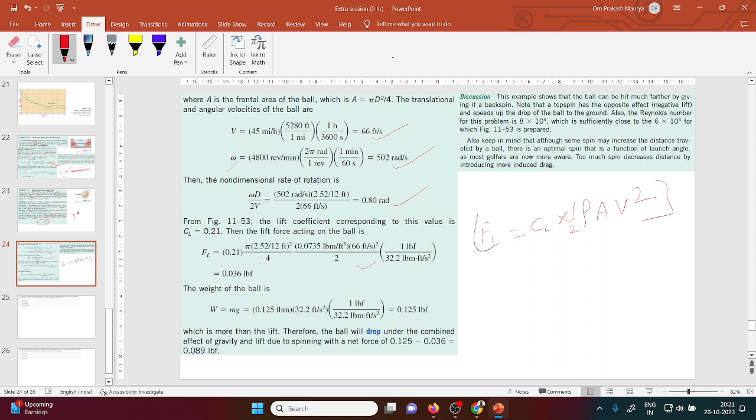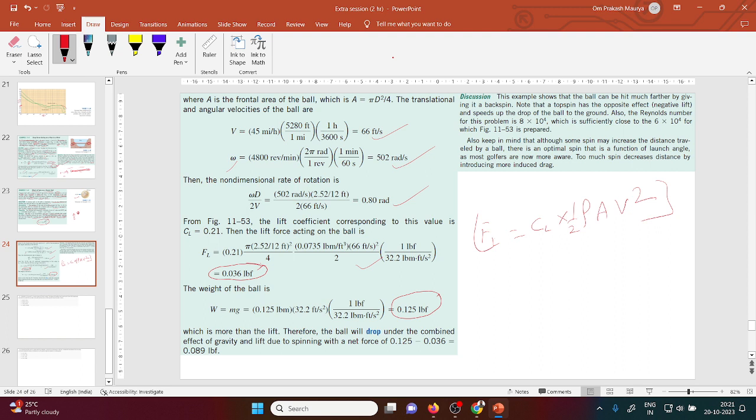Only here the data is put in, so your FL comes like that. The weight of the body comes like that. So which is more than the lift? Your weight is more than the lift.